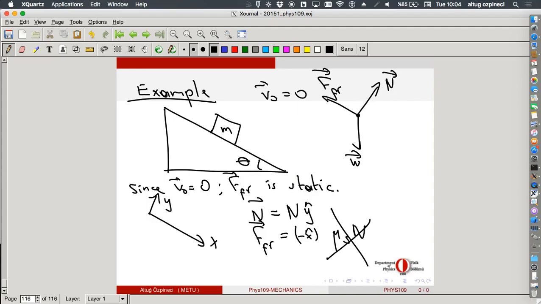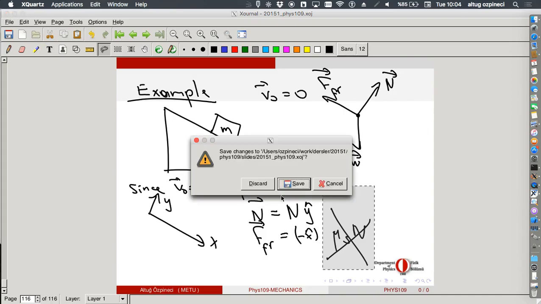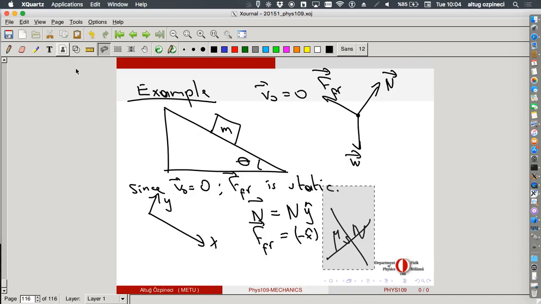We don't know the magnitude. We know the maximum value that the static friction can take. This is the maximum value it can take, but it doesn't have to take that value. Now that is another unknown we have. That is something we have to determine. Let's call it F friction. That's our second unknown.